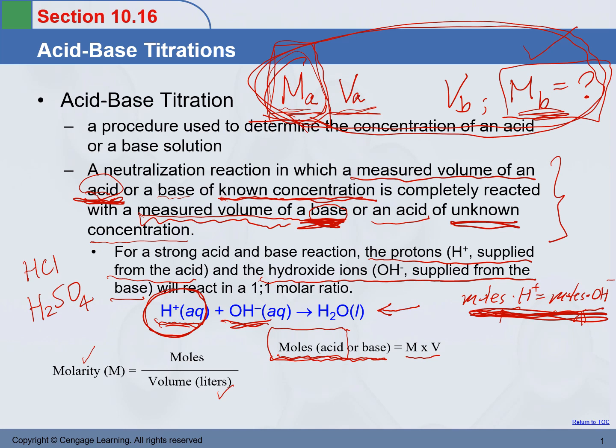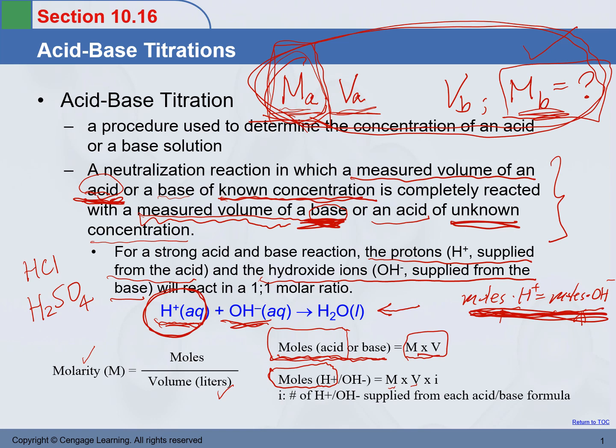So depending on how many protons each acid molecule can supply, the moles of protons, let's focus on the protons right now, hydroxide is the same, will equal the molarity of the acid times the volume of the acid, which is this one, multiplied by i. i is the number of protons, or hydroxide for a base, supplied from each acid formula.